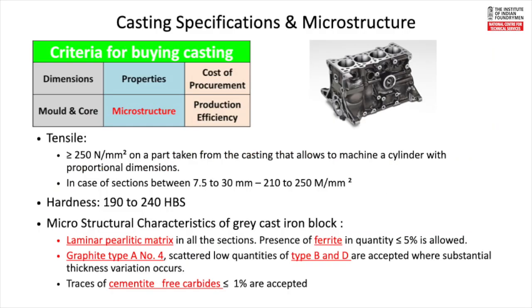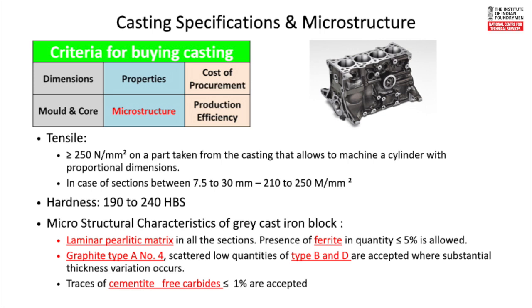Those of you who have attended the earlier lecture would recognize this: we want pearlitic matrix, we want ferrite less than 5%, we want graphite type A, 4, and very low quantities of B and D, and free carbides less than 1%. So how do we go about getting this?